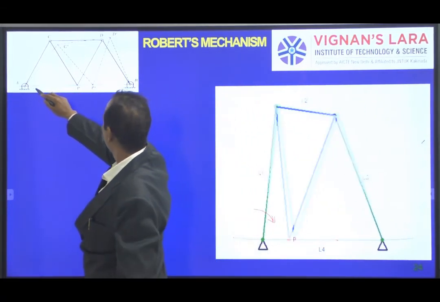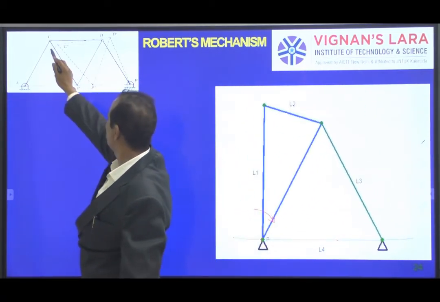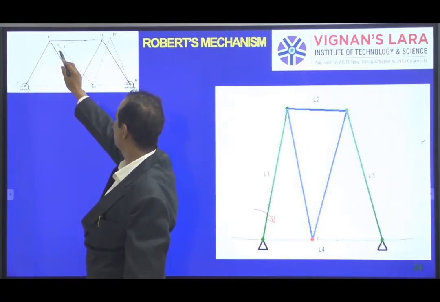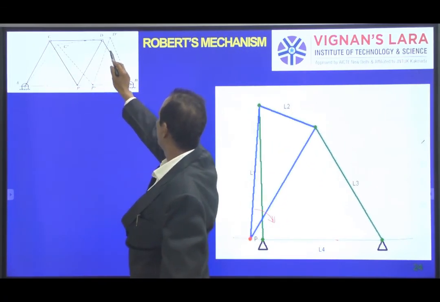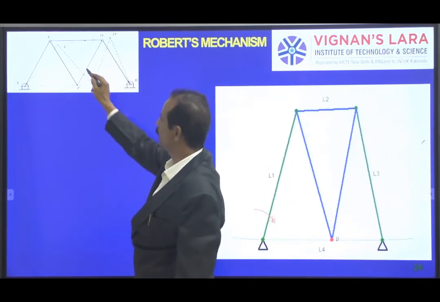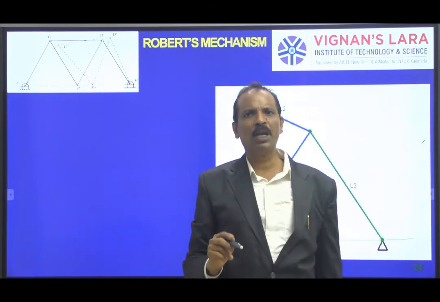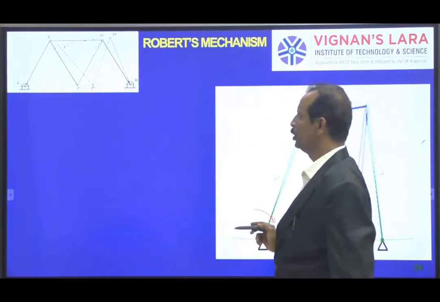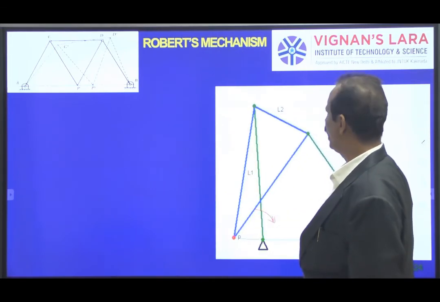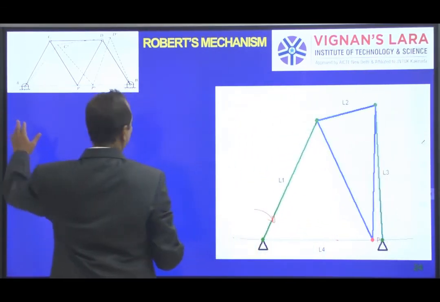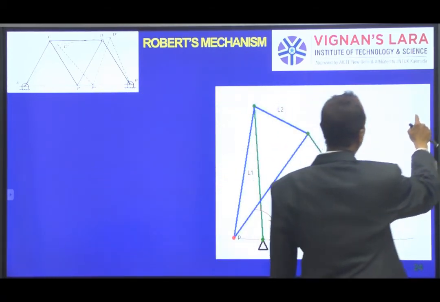Let us see, when a movement is given to the link C, then AC is shifted to C dash, and then BD shifted to BD dash, and the point P is shifted to another point P dash, that is the line joining A and B.